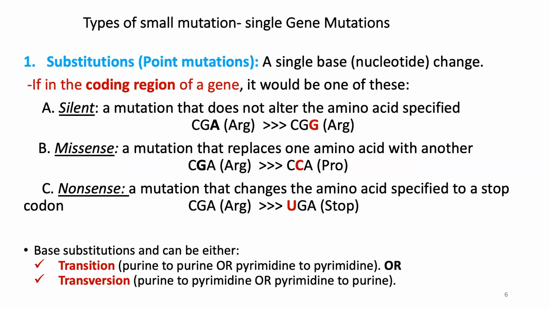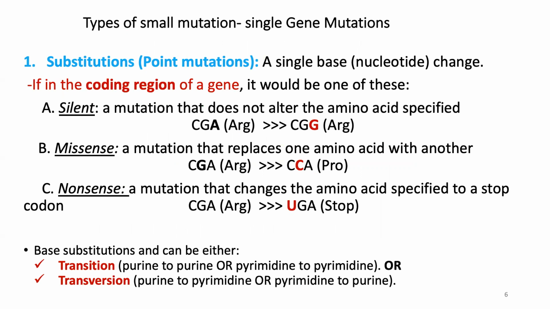So type of small mutation. First of all, we want to know, is it only substitution or insertion or deletion? So by substitution or point mutation, we mean that only a single base nucleotide change.